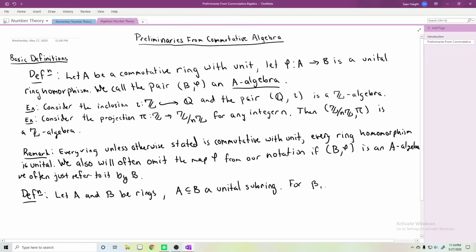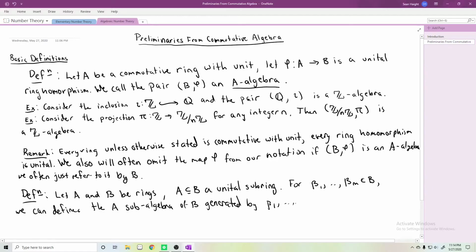For beta 1 through beta m elements of B, we can define the A-subalgebra of B generated by beta 1 through beta m.